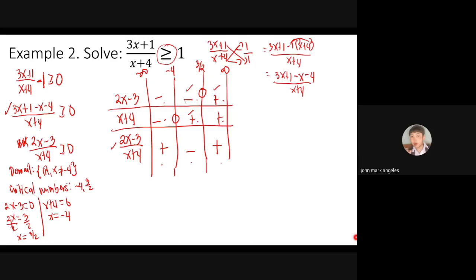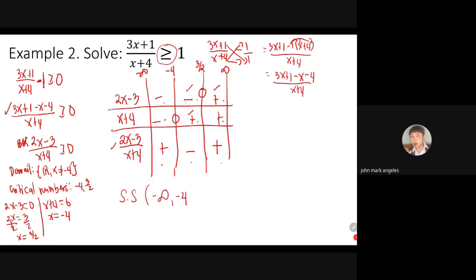That's correct. Ang sunod kong tanong, bracket ba or parenthesis? Bracket po. Parenthesis. Correct. Bracket siya kasi greater than. Ngayon, dahil naka-bracket siya, titingnan mo ang domain. Dapat hindi kasama si negative 4. So, ang magiging solution set natin ay negative infinity to negative 4.